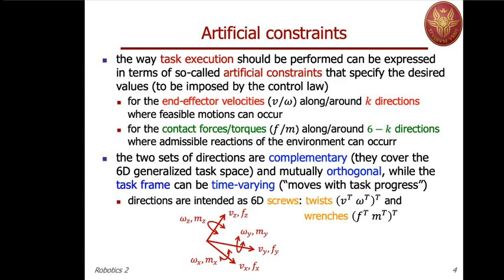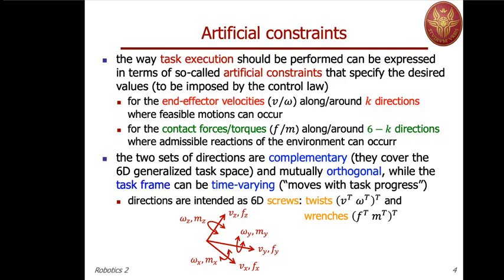So why 6D? Because in fact we are using, in a friendly way, I would say, the mechanical concept of screws. Screws are six-dimensional vectors, which are the stacking of either linear and angular velocity, and these are called twists in general, if you have a six-dimensional generalized velocity vector of this kind, or wrenches if you stack the forces, so linear quantities, and the torque, so momentum, one on top of the other.